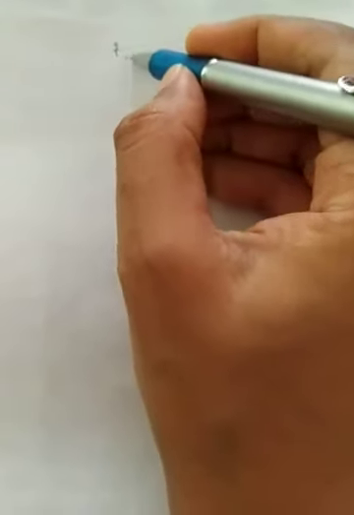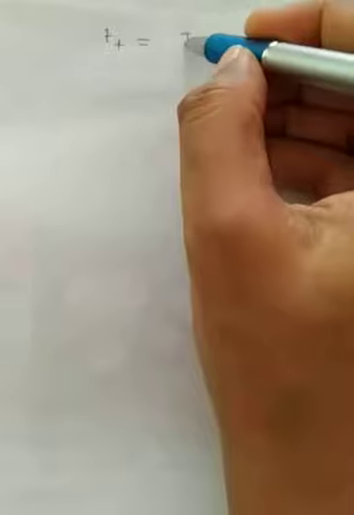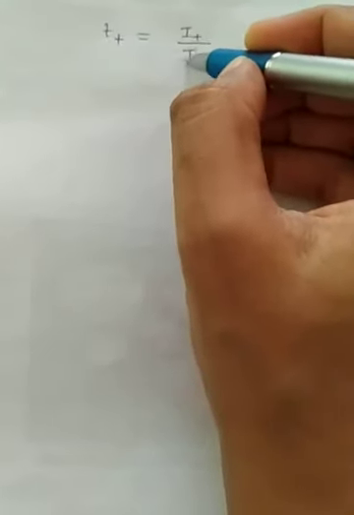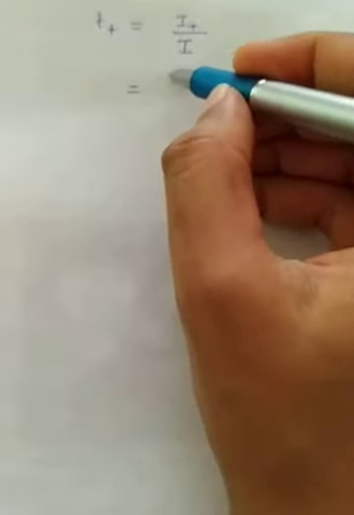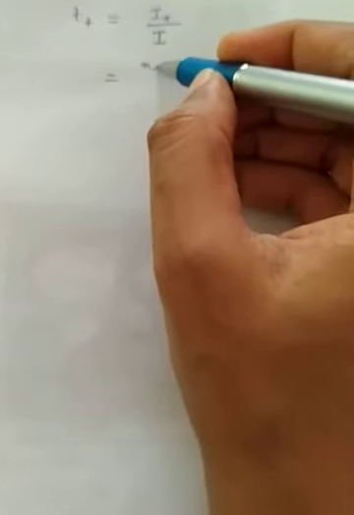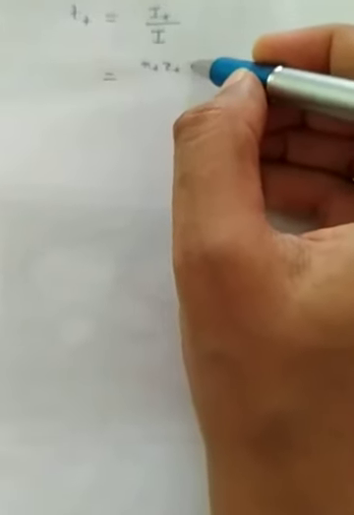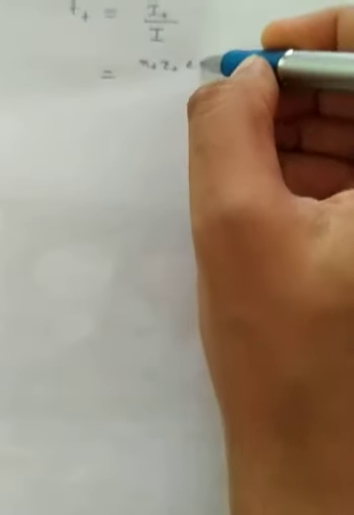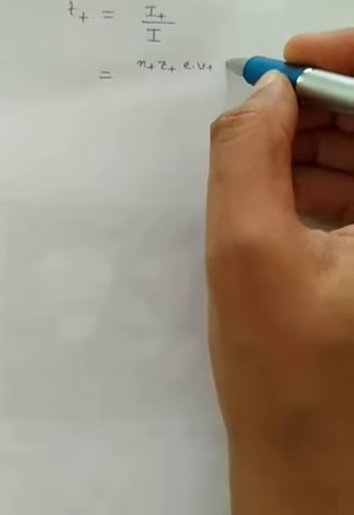So the transport number for the cation, T plus, is I plus divided by I. We can replace I plus and I with the parameters we derived earlier.